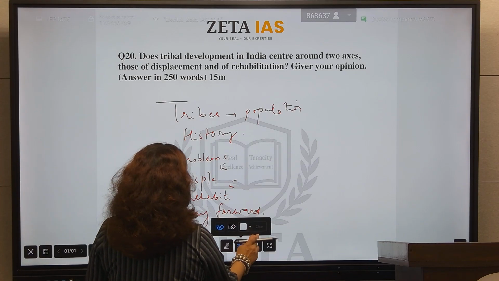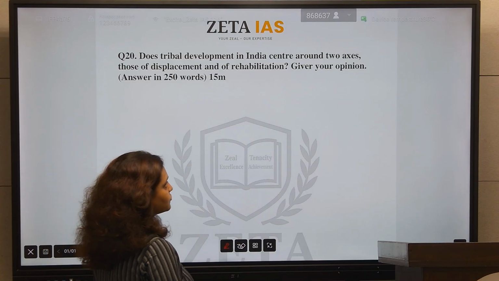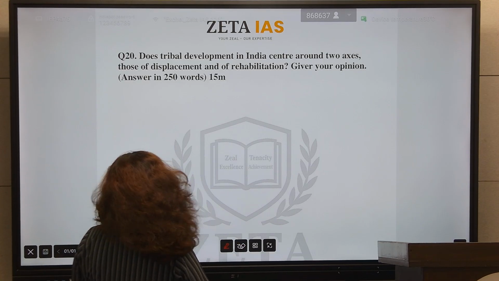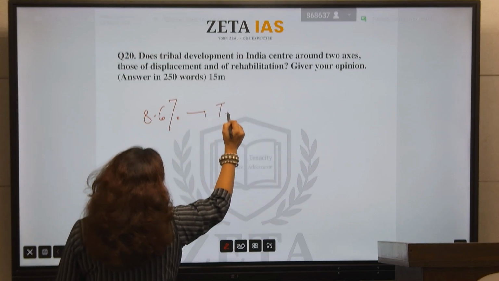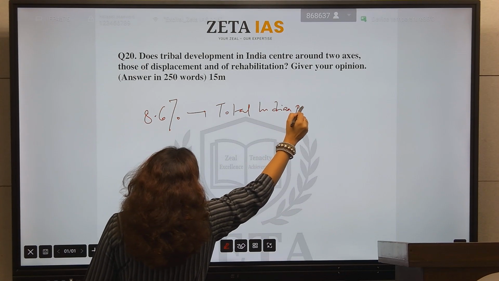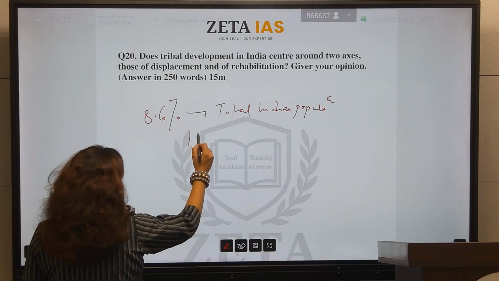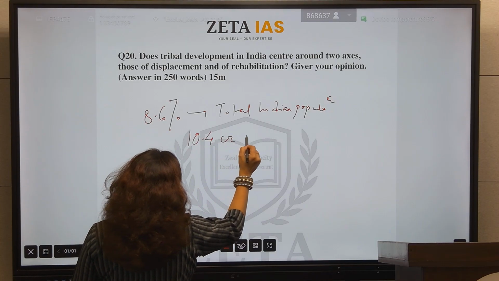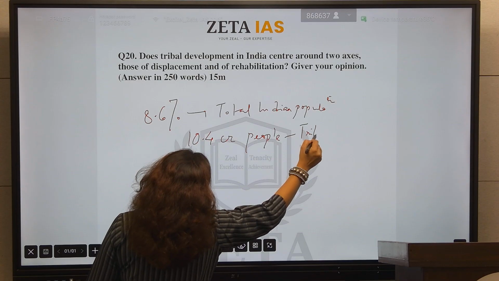Okay, let's move on to the content. Now, the tribes form about 8.6% of the total Indian population, or 10.4 crore people in India are tribal people.